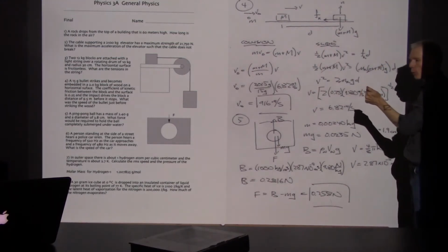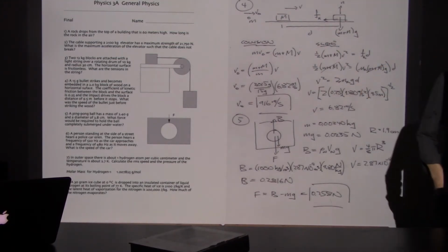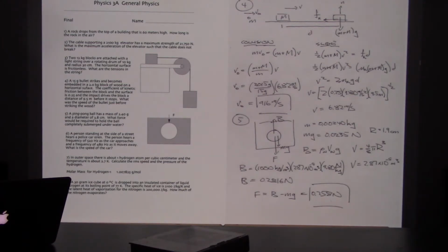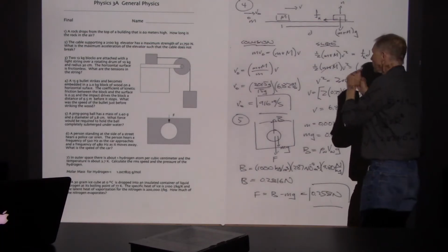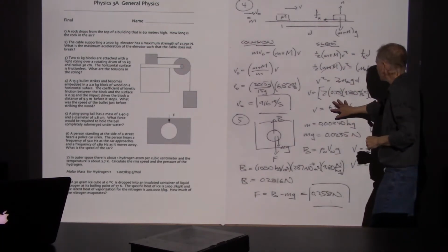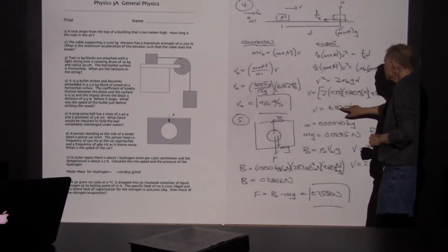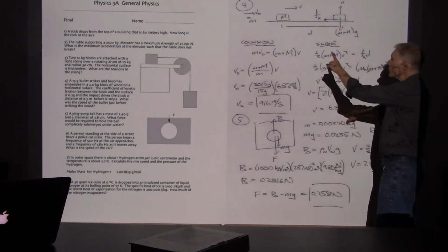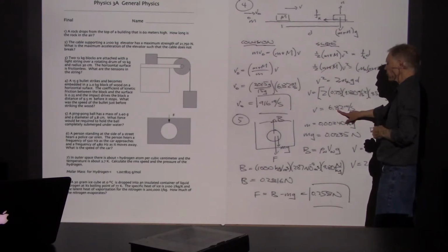Because we know the coefficient of kinetic friction, and because we know the distance that it slid, we can calculate that the speed right after the collision took place, right after the bullet hit the block, the block and bullet are moving at 6.82. Now the bullet's going to be moving much, much faster than this.